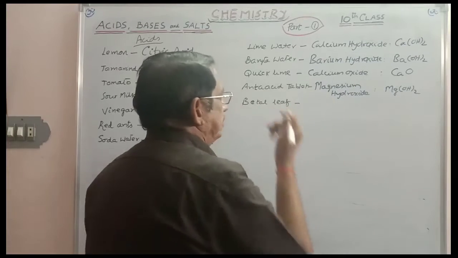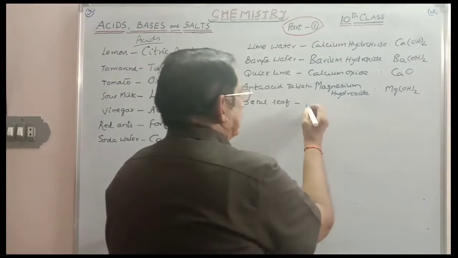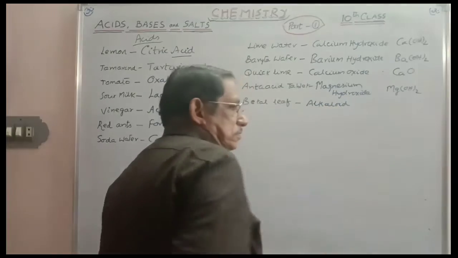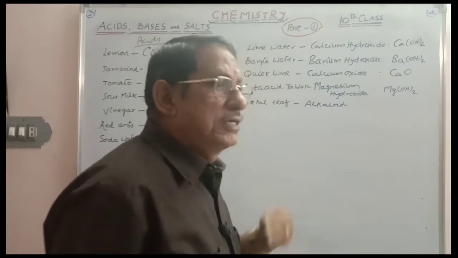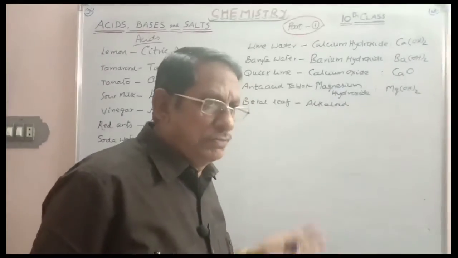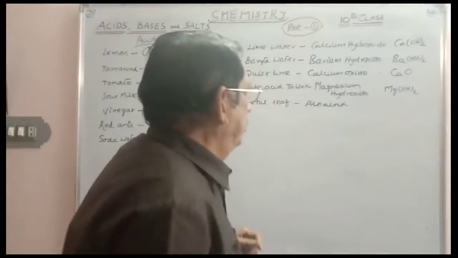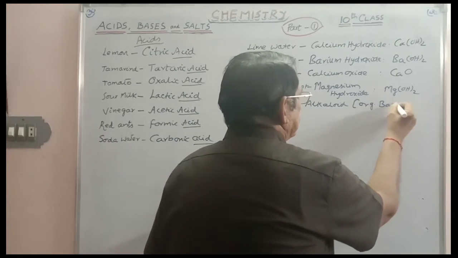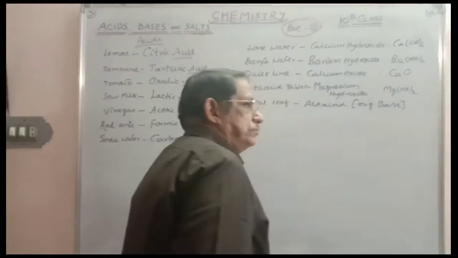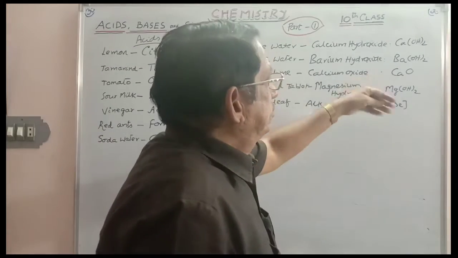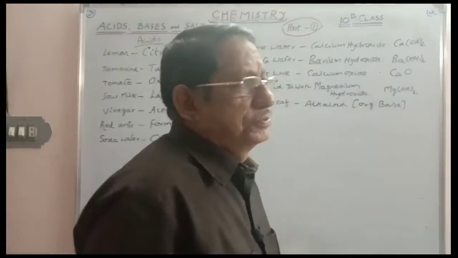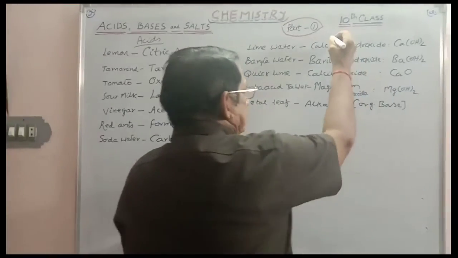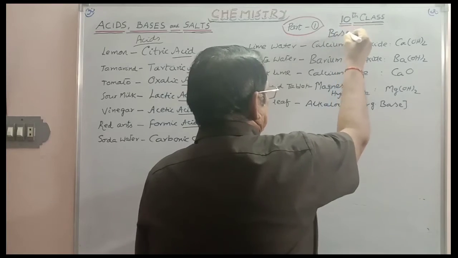Betel leaf is organic. It contains alkaloid, a nitrogen containing organic compound, a cyclic compound of course. Alkaloid is an organic base. Any substance which generally contains the OH group is said to be a base, as you will know in future. So all these are examples for bases.